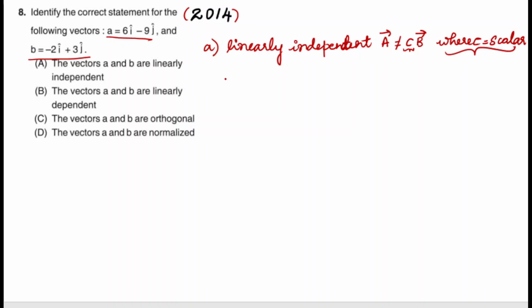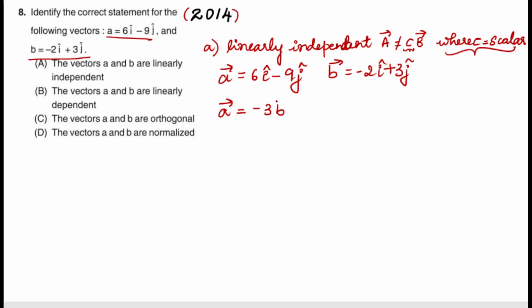Now I'm considering again the question. A vector they have given to be 6 times of i cap minus 9 times of j cap, and b vector to be equal to minus 2 times of i cap plus 3 times of j cap. Right. Now I'm going to write a vector which is equal to minus 3 times of b vector. Can it be possible? Yeah, we will see. A vector which is equal to minus 3 times of b vector.